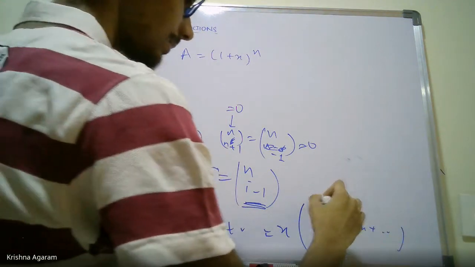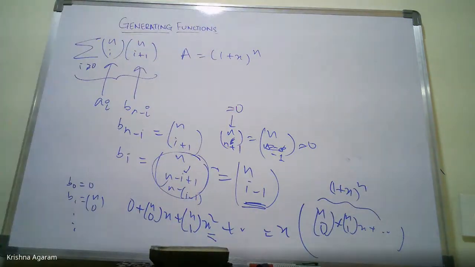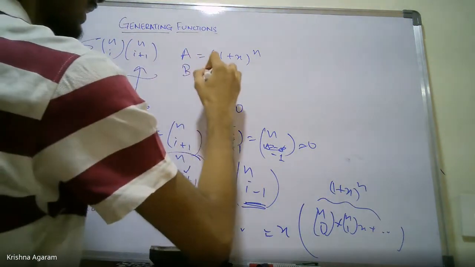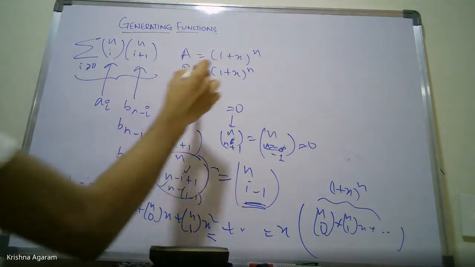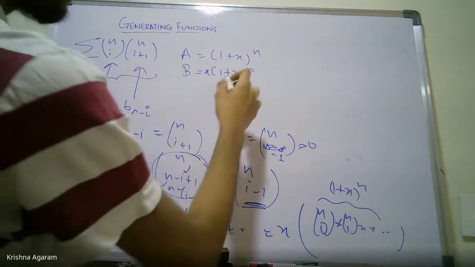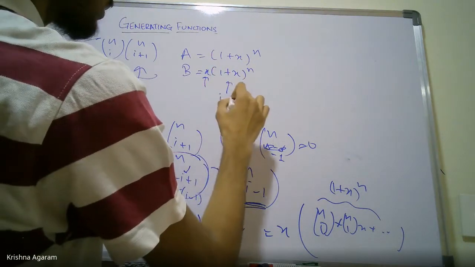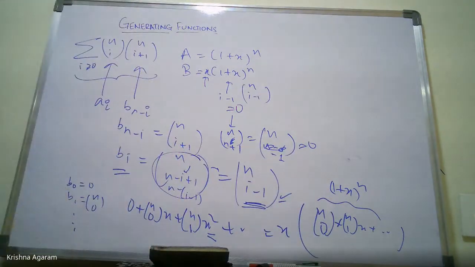It becomes 0 after some time anyhow. It's just x times, okay, so that's just (1 plus x) to the n. So B is just x into (1 plus x) to the n. Okay. Clearly you can see the coefficient of x to the i, suppose, is just bi, is 1 from here, i minus 1 from here, so it's just n choose i minus 1, as we had found before.